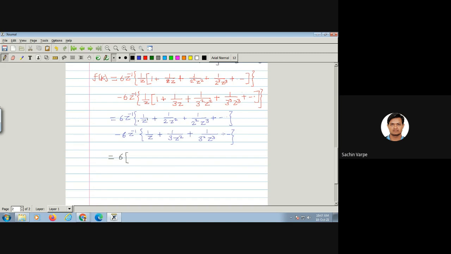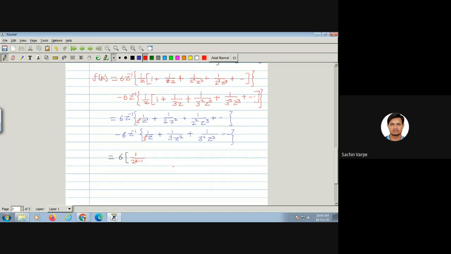बता सकता है यहाँ what is the power of 2 here? 2 raised to 0, right? 2 raised to 0. I'm writing in red. 2 raised to 0. And here, 3 raised to 0. Yes, बताओ. What is the coefficient of z raised to minus k? 1 upon 2 raised to k minus 1. 2 to the power k minus 1. अगर आप सब लोग एग्री हो तो will it be okay?